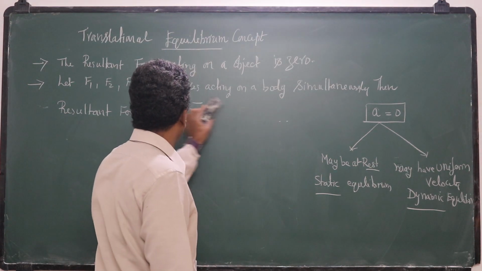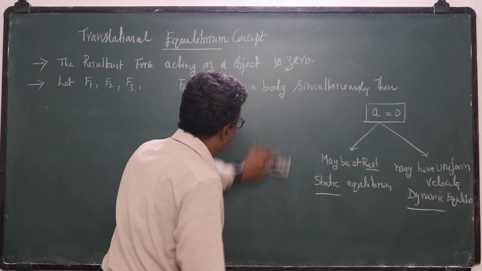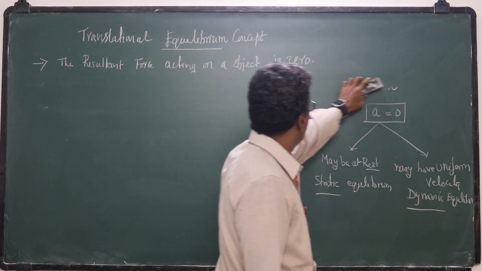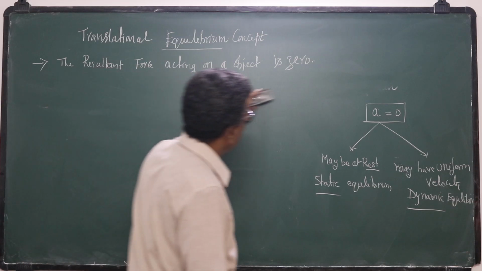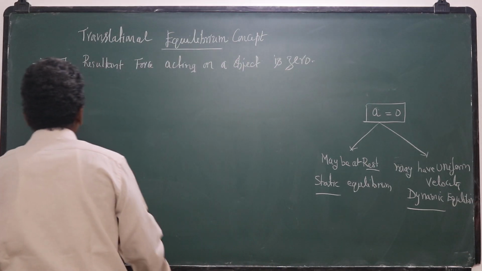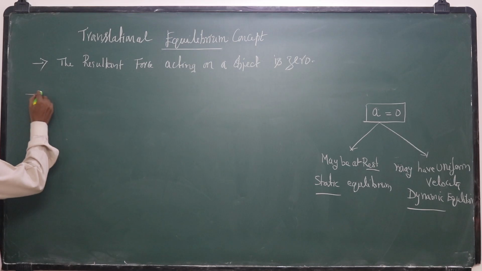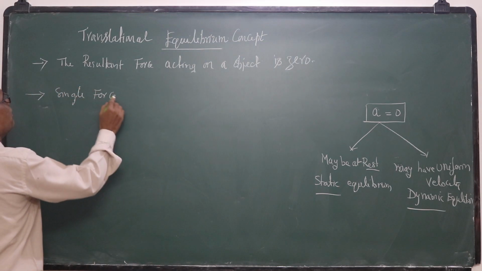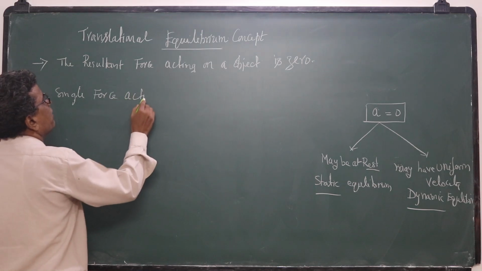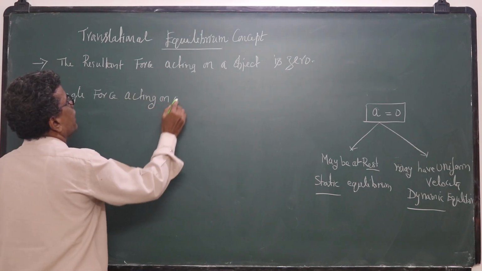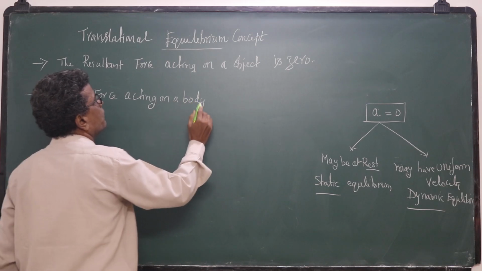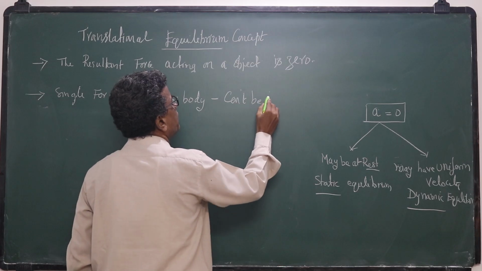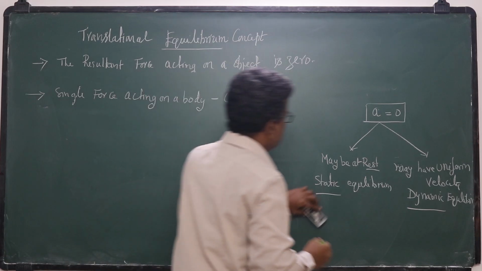Now, I will explain further. Suppose there is only one force acting on the body. A single force acting on a body cannot be in translational equilibrium.